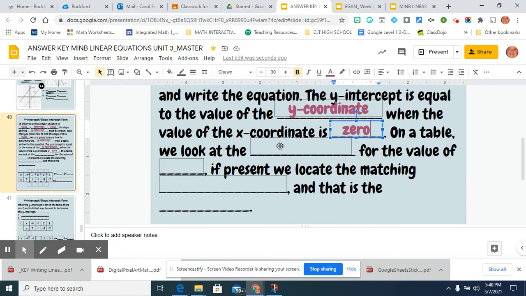So on a table, we look at the x-coordinates for the value of 0.